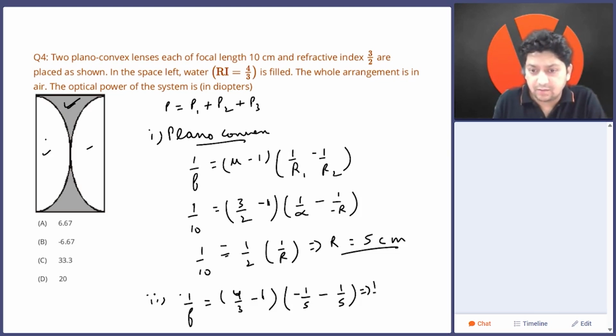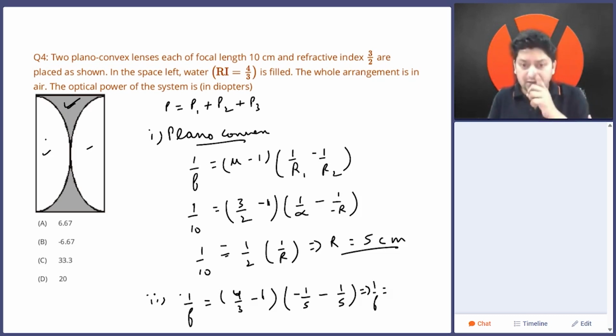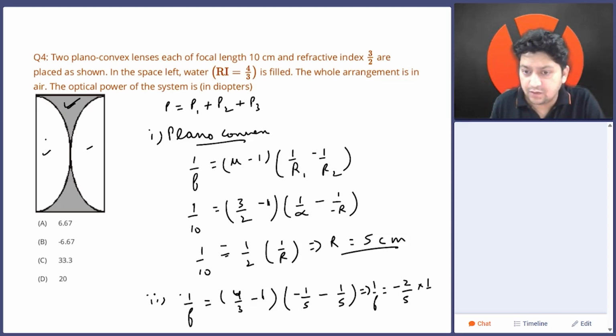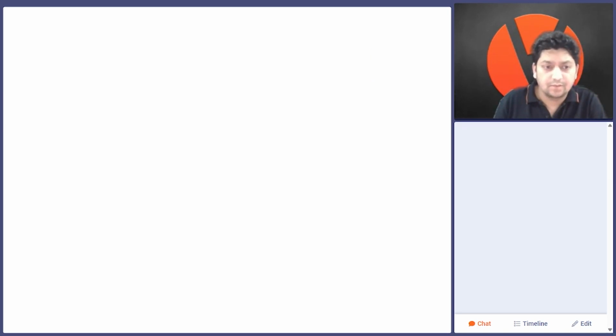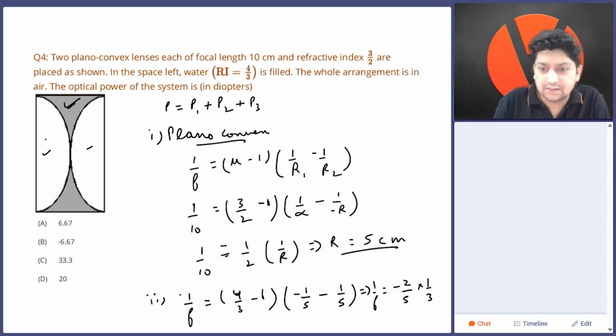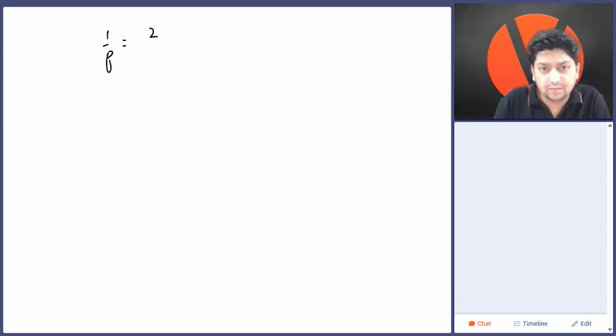This implies that the focal length will be equal to 4/3 minus 1, that is 1/3, and minus 2/5, so minus 2/5 into 1/3, right? So the focal length we have got for concave lens is nothing but 2/15, with negative sign. Obviously the focal length of this will be negative.